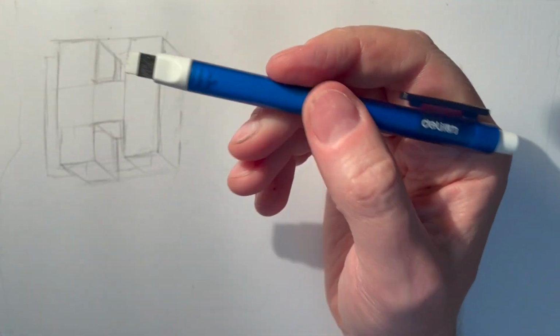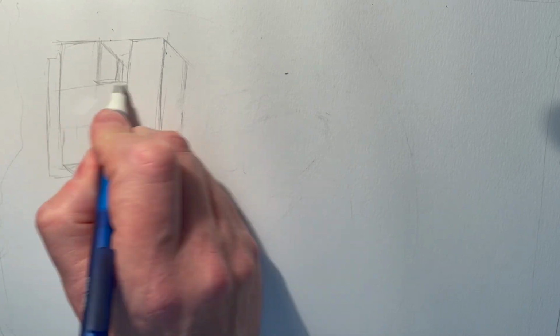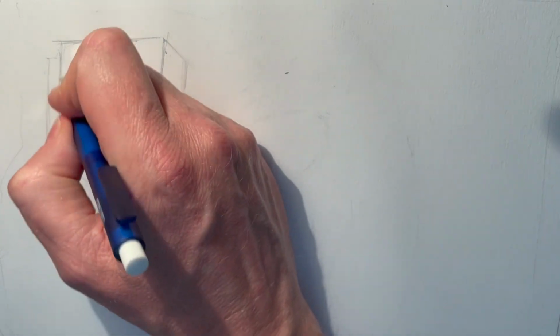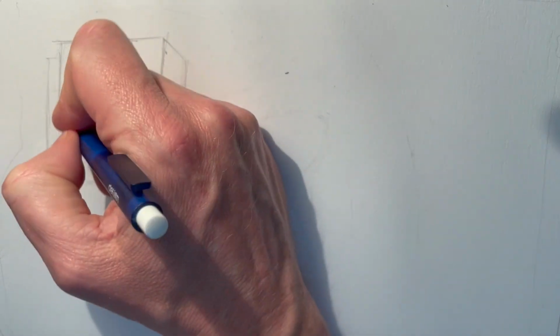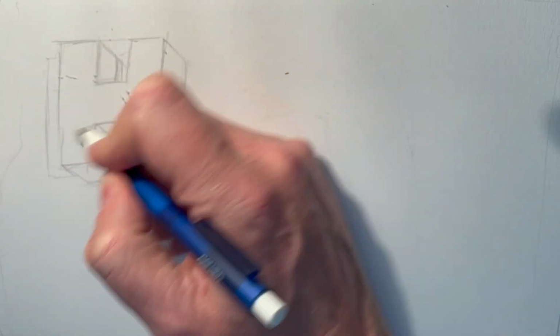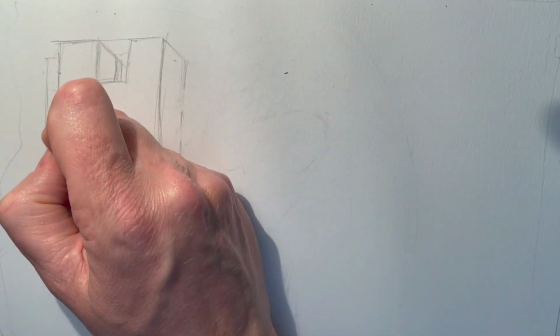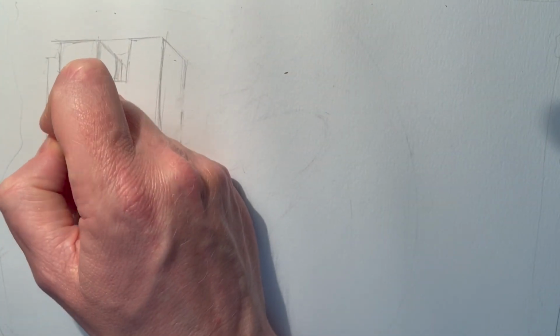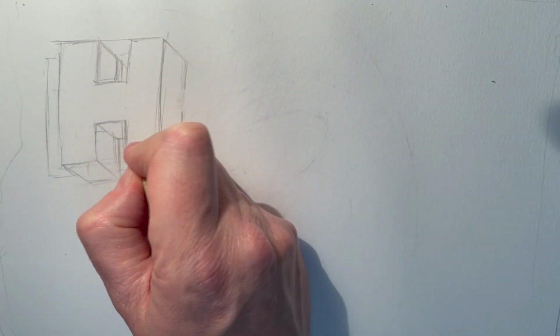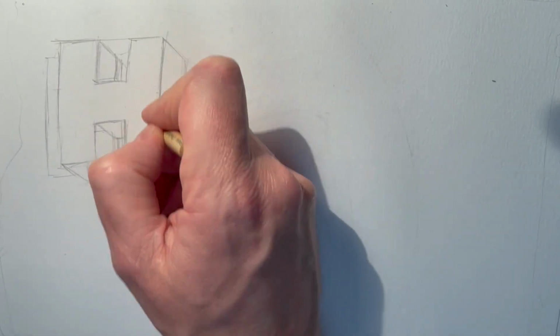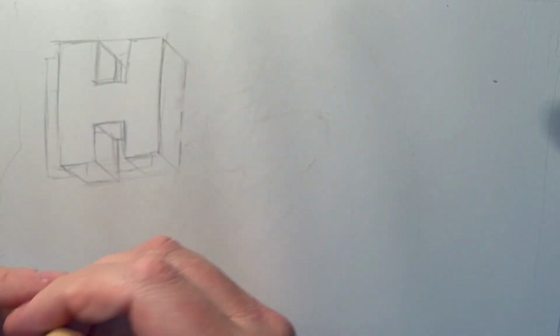So you can get in all those little bits, if you wanted to just rub out interior lines, that kind of thing. It's like using a pencil. Much better. In fact, I've even got one of these, which is a rubber pencil for those really fine little bits. Just in case you've got a lot of lines that you need to keep, that you don't want to get rid of too early.